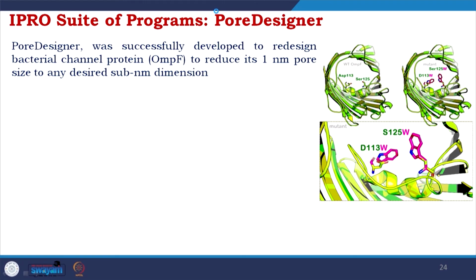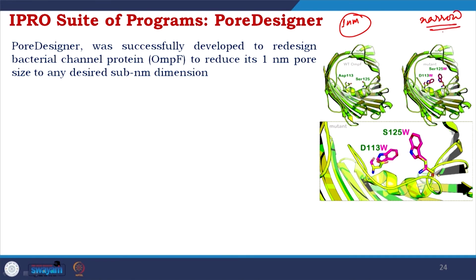You all know about OmpF. If you do not know, this is a channel protein, but here the Pore Designer program tried to reduce the 1 nanometer pore to sub nanometer dimension. So, this is a 1 nanometer pore, 1 nanometer, 10 angstrom, and you want to go narrower.